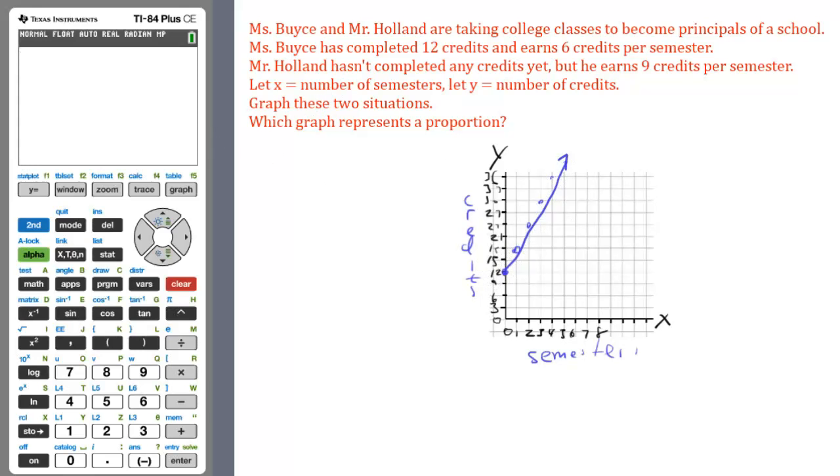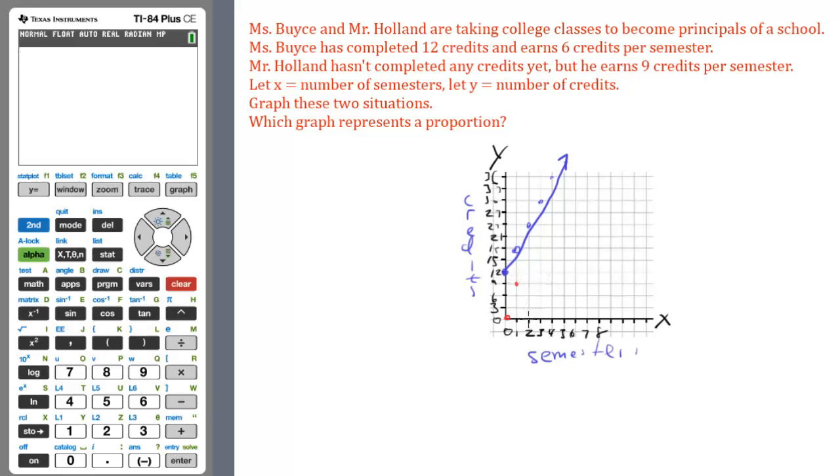Now let's do Mr. Holland, and he'll be in red. So Mr. Holland hasn't completed any credits yet. So when the semester starts, he's at 0. So we'll put a dot here at 0. But he earns 9 credits per semester. So after one semester, he's going to have 9 credits.